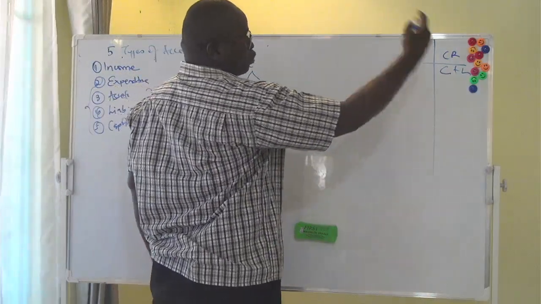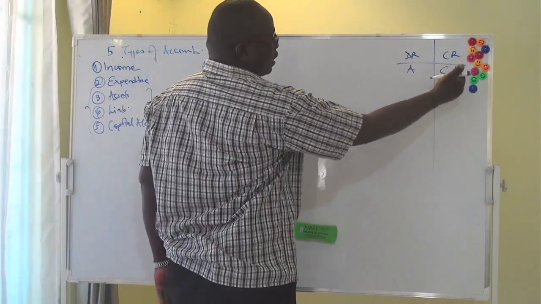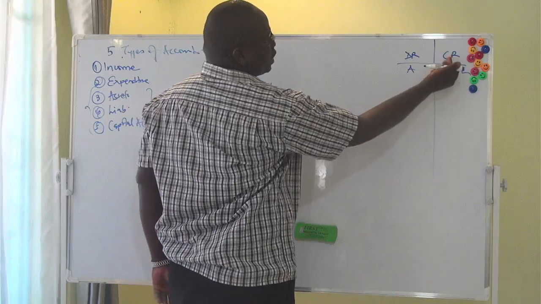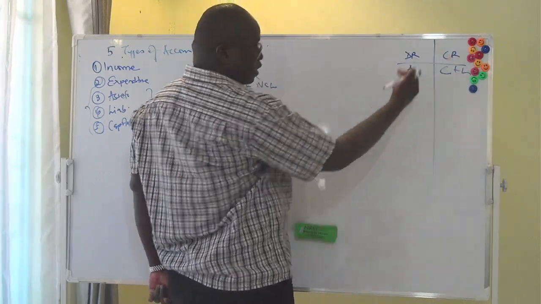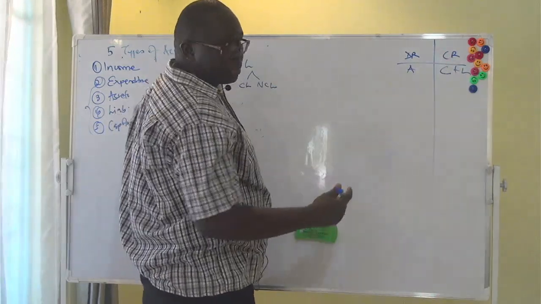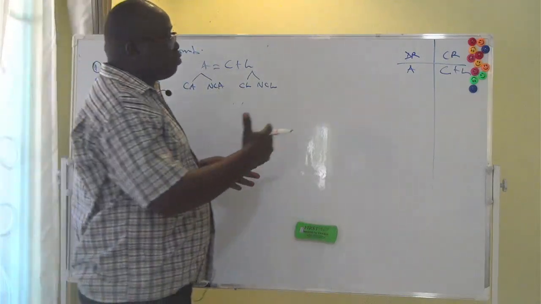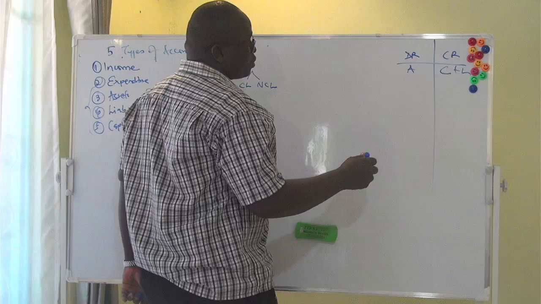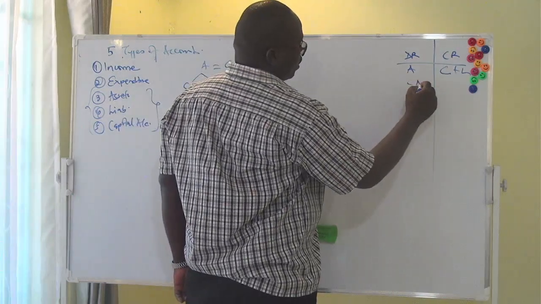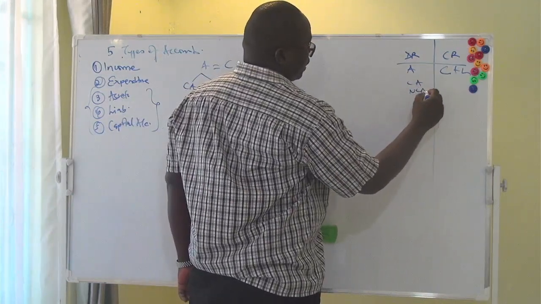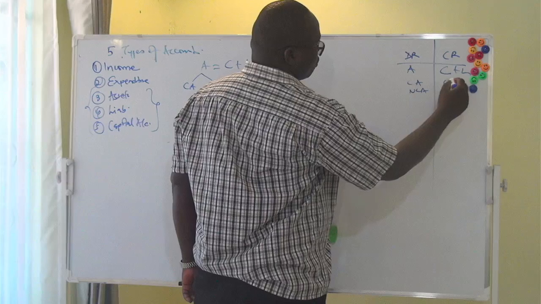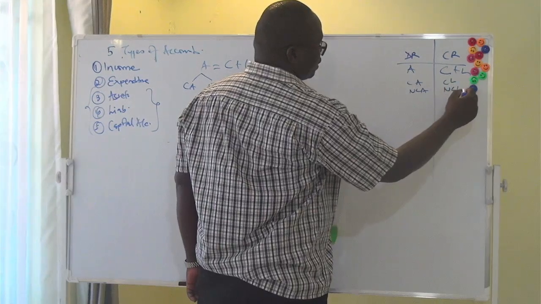When they decrease, we do the opposite. Capital and liabilities, when they increase, we credit those accounts. And when they decrease, we do the opposite. I was talking about accounting being more or less like a salsa dance, where you move in opposite directions. So on assets, we have our current assets and non-current assets. On our liabilities, we have our current liabilities and non-current liabilities.